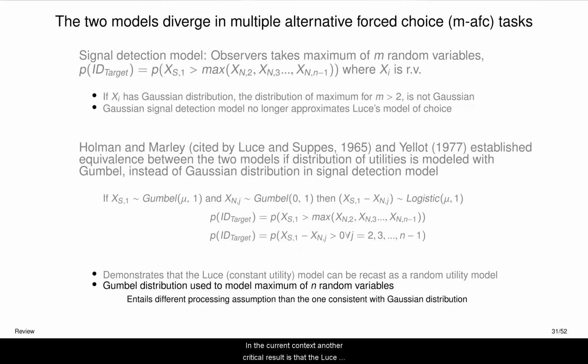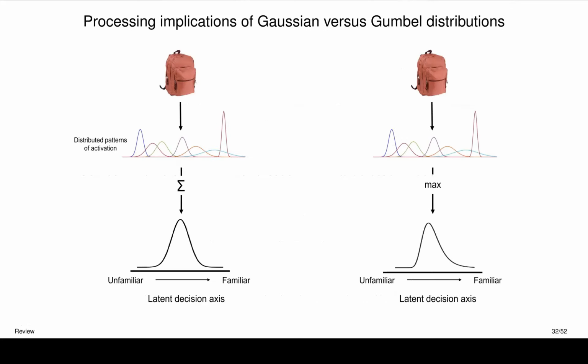In the current context, another critical result is that the Luce model is formally equivalent to a signal detection model with a Gumbel distribution. And the Gumbel distribution is an extreme value distribution, which is used to model the maximum of a set of random variables. So this has important implications for how we think people might process utilities, which I'll talk about next.